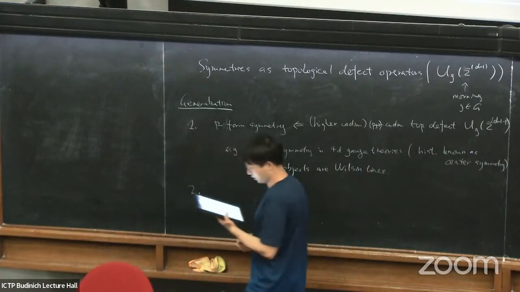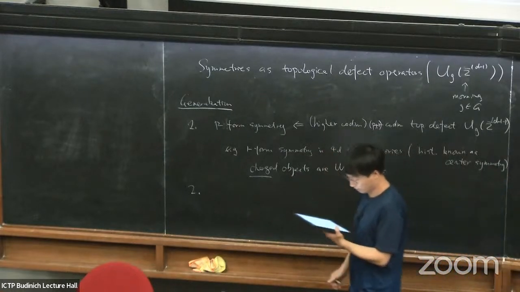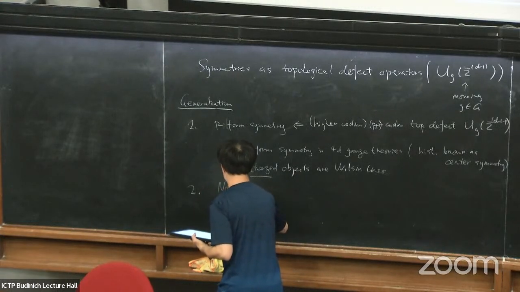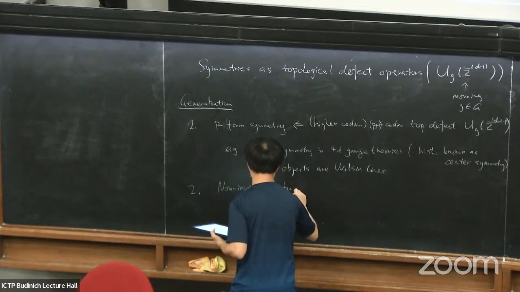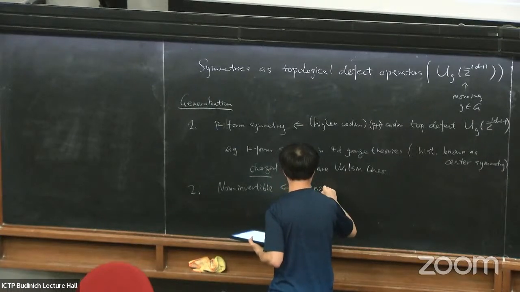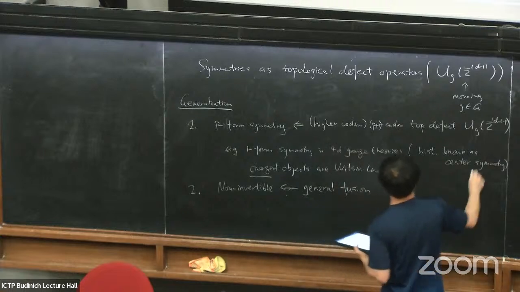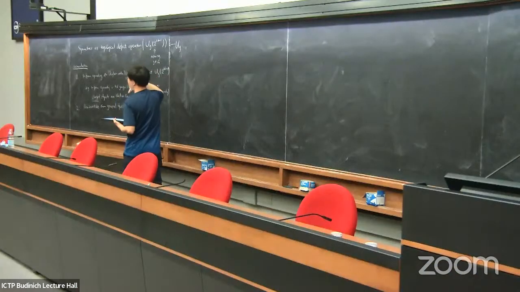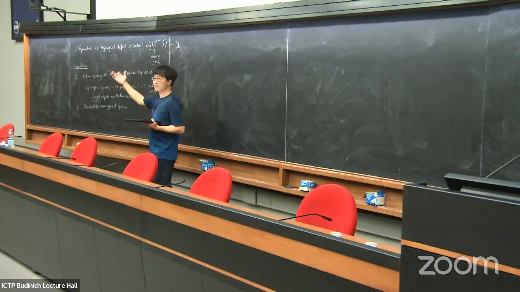Another generalization, as you probably already guessed from the title of the lecture, is to consider non-invertible fusion, which comes from a more general fusion. Previously, the symmetries are characterized by topological defects, their fusion, and how they act on local operators.